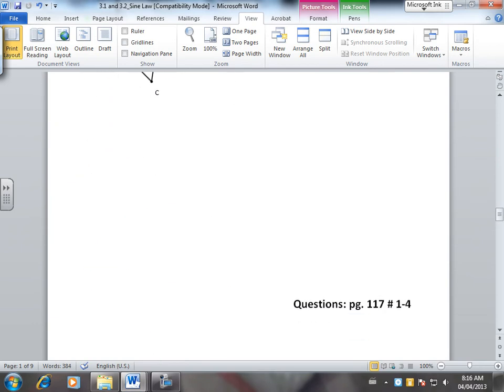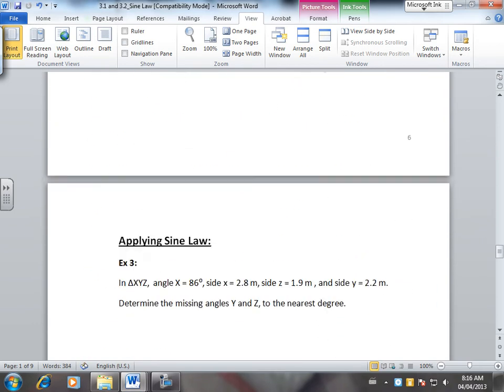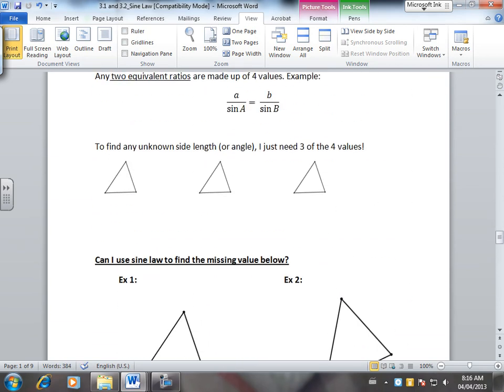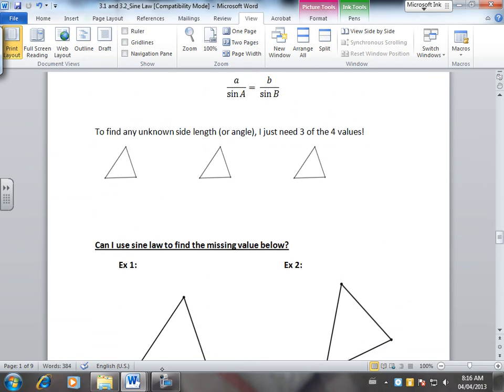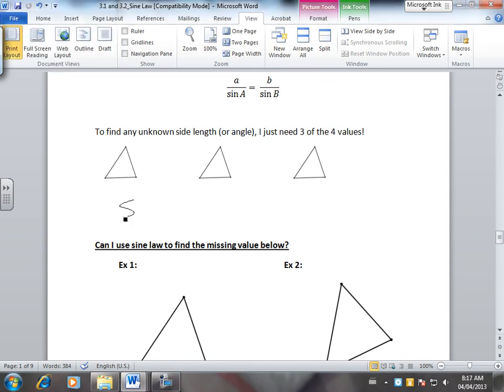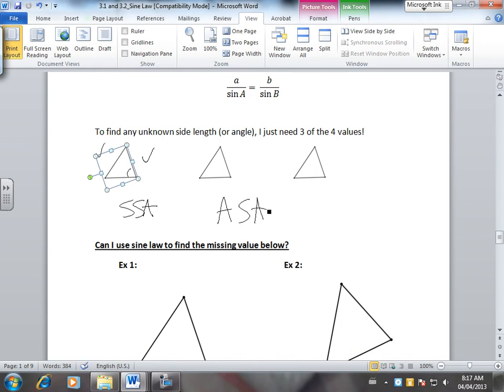And we talked about the scenarios for that. Where is it? Oh, right here. And for using sine law, you look for having side-side-angle, or angle-side-angle.